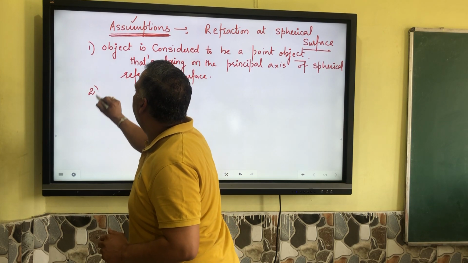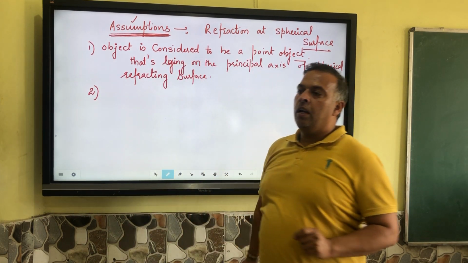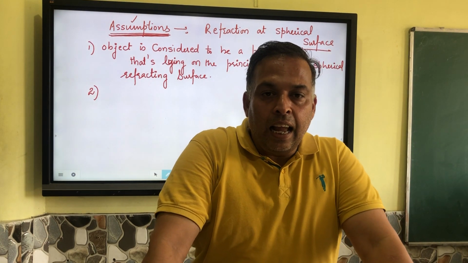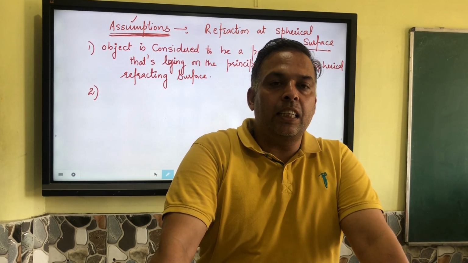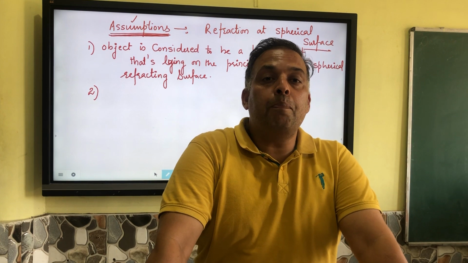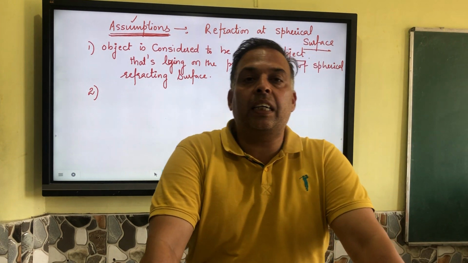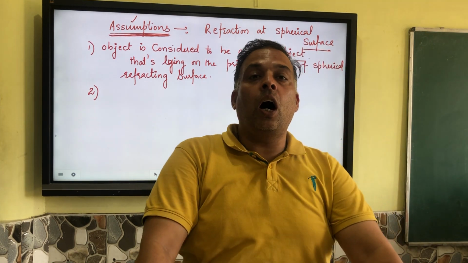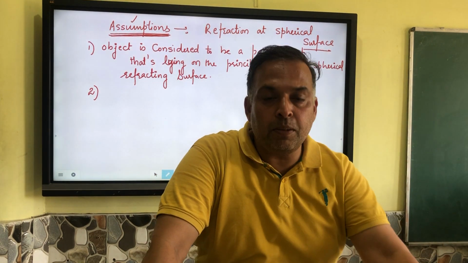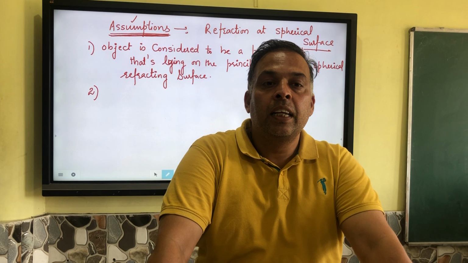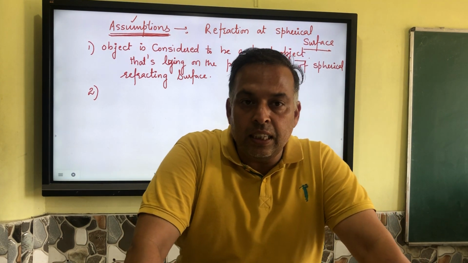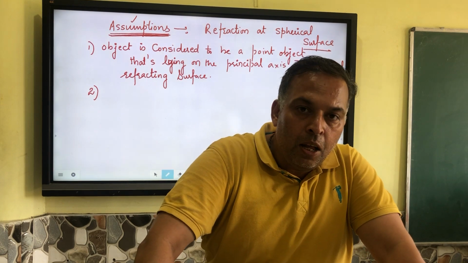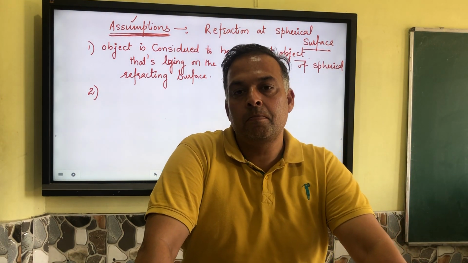Second, as the second assumption, we take the aperture of the spherical refracting surface to be very small. So the distance of any point object from the surface is almost equal to the distance of the point object from the pole of the surface.